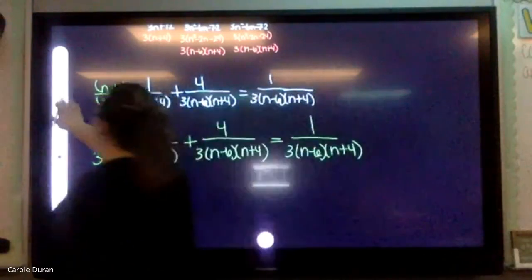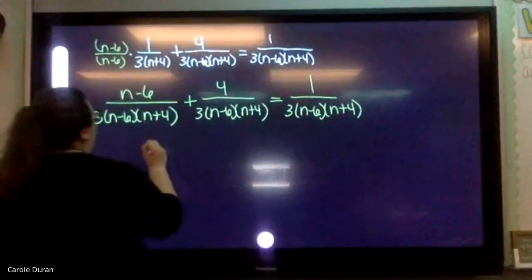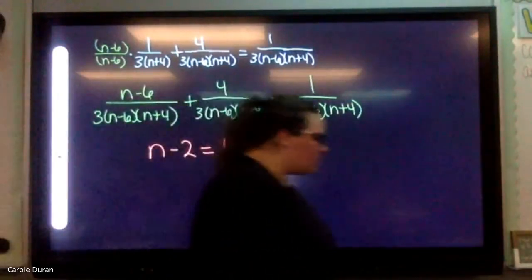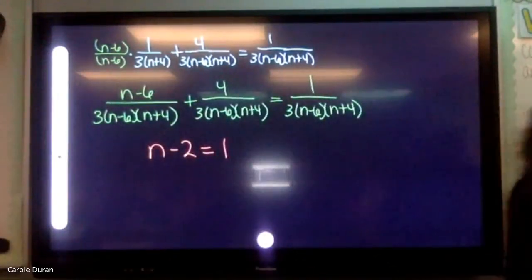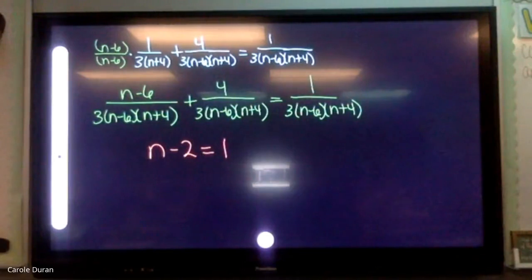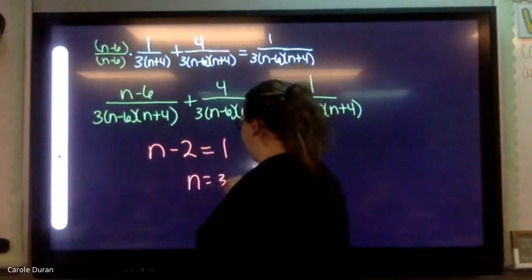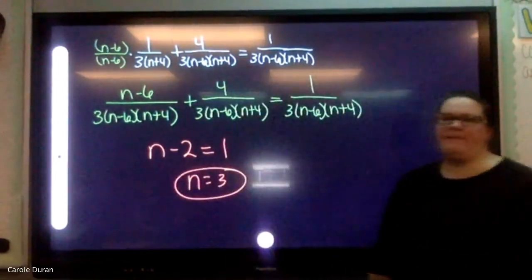So I can skip right to the step where I cancel those denominators out and then finish simplifying for my variable n. So what is n going to equal here? 3. And that's my final answer.